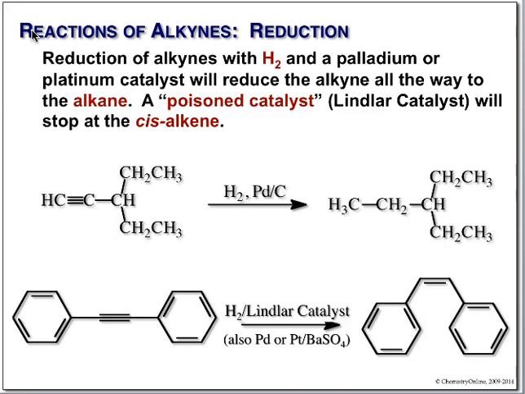Instead of taking our platinum or palladium and putting it on charcoal, which is inert, basically you put it on something like barium sulfate. The sulfate reduces the effectiveness of the catalyst so much, it's such a lousy catalyst, that it's strong enough to add to one pi system, but not the other.